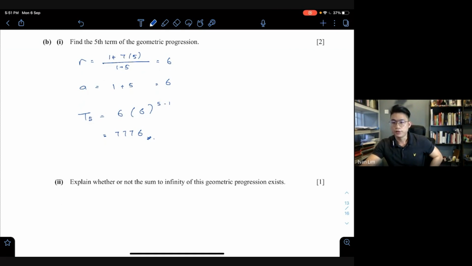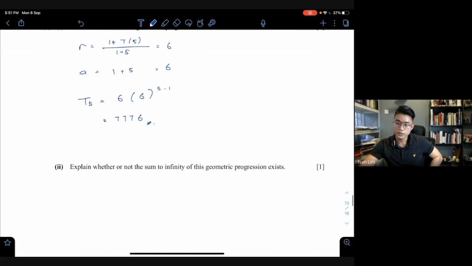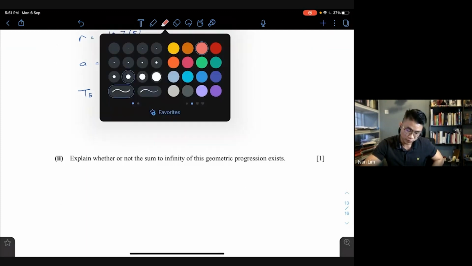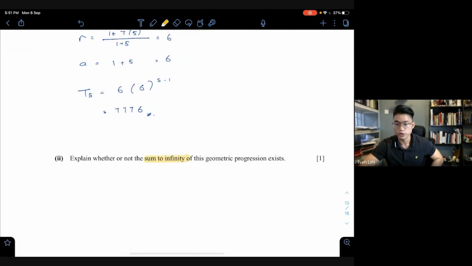And the last one, for this, explain whether or not the sum to infinity of this geometric progression exists. Okay, what is the condition of sum to infinity? If we look back into the first page, they give a condition. You all just turn back to your formula sheet.